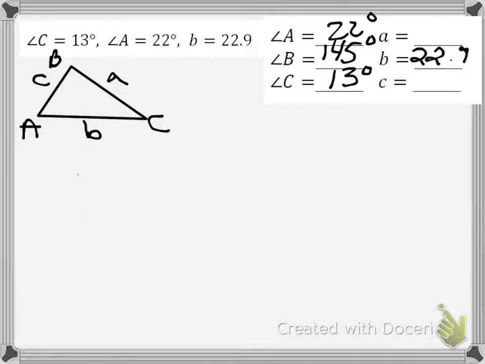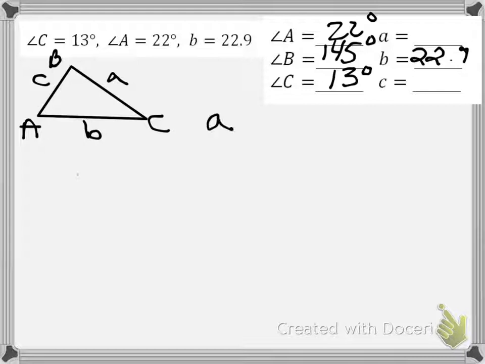So now that I have both angle B and side B, I'm going to use those in order to find one of my missing sides. I'm going to find side A first. So since I'm looking for a side, when I use the law of sines, I'm going to write my formula with sides up.